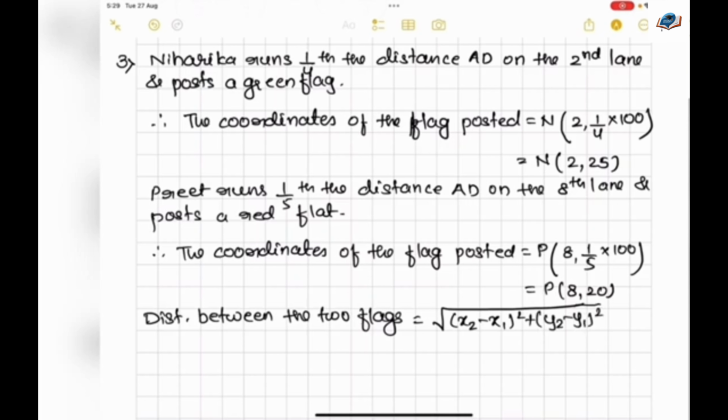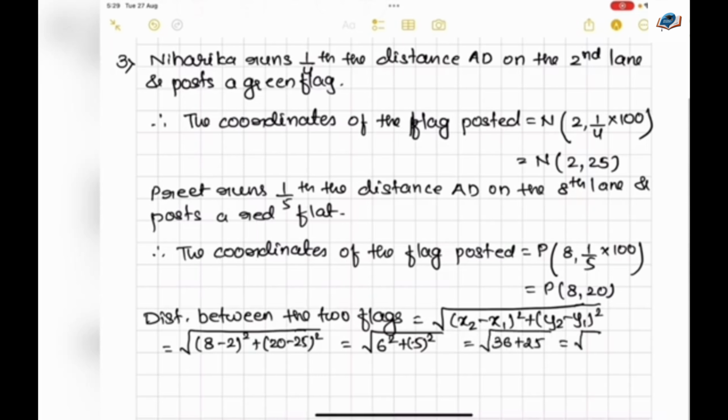So that will be (8 minus 2) whole square plus (20 minus 25) whole square. So that will be 6 square plus minus 5 square. So 36 plus 25 under root. So that will be root 61.